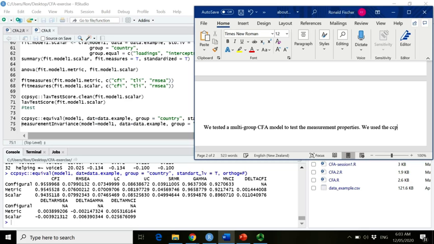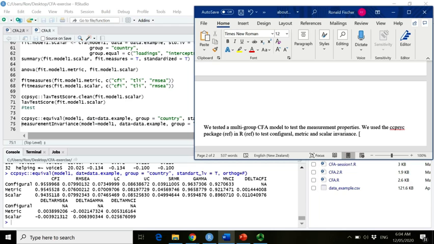In our case, we used the cross-cultural psych package to test configural, metric and scalar invariance. So now you need to actually quickly explain what this is.